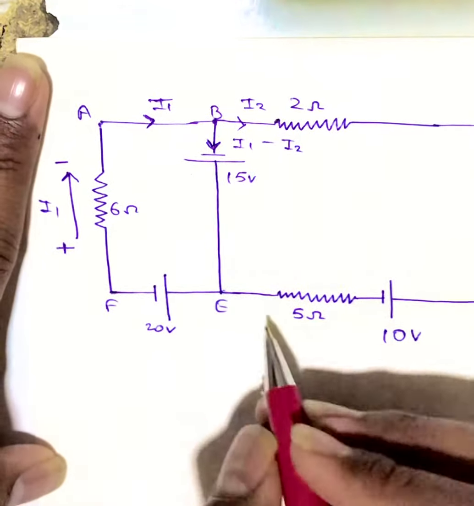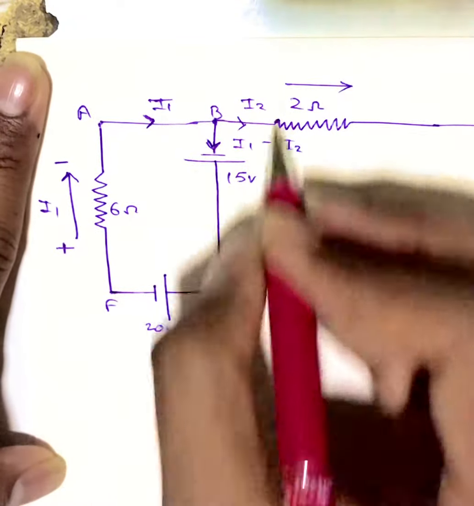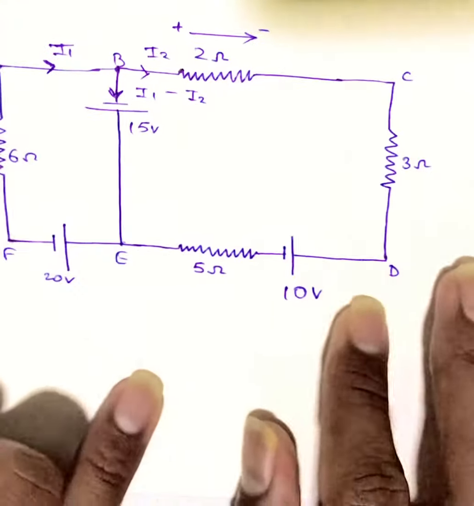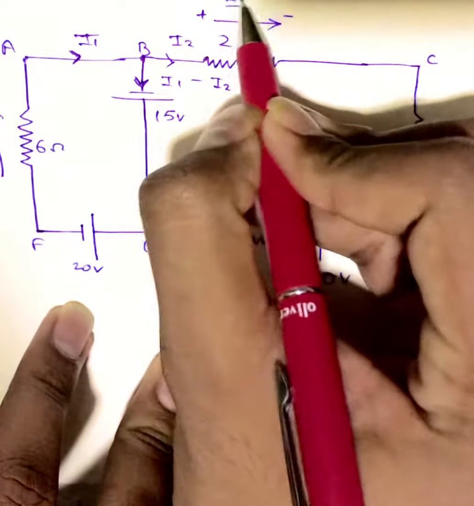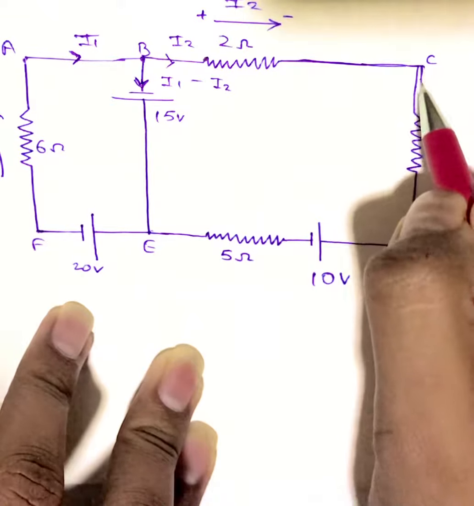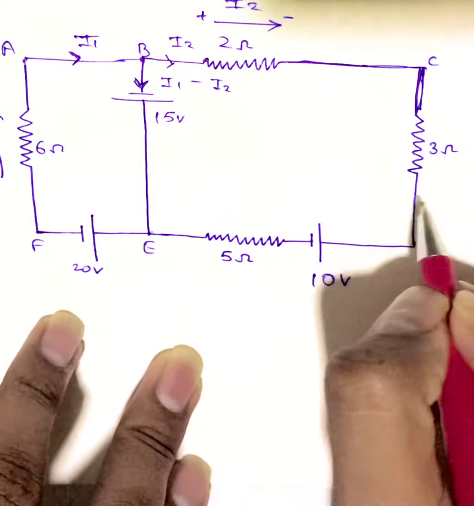So this current I1 passes through this 2 ohm resistor. This is positive and this is negative. Now this current I2 moves to C, and from C it goes to the 3 ohm resistor.